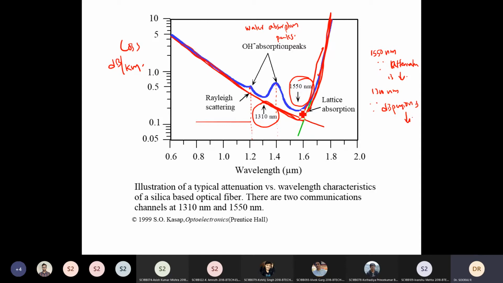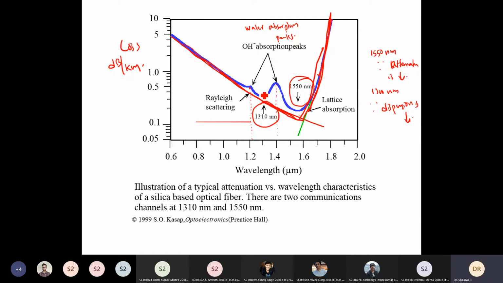And therefore 1550 nanometer is the most preferred wavelength for optical communication. The reason is because the losses are going to be the least. Now 1300 nanometer or 1310 nanometer, this window is also preferable for optical communication.